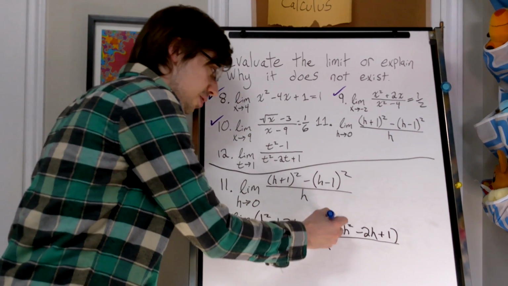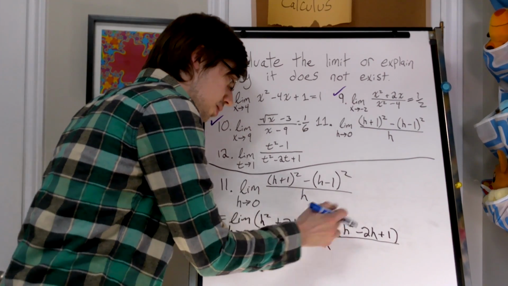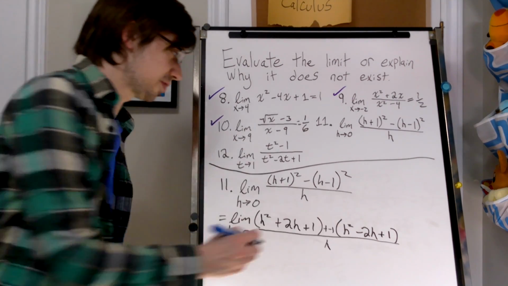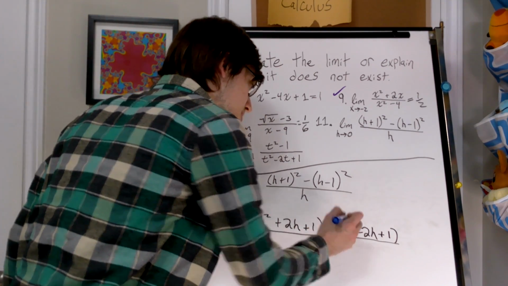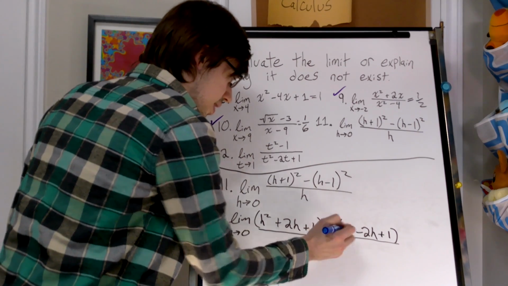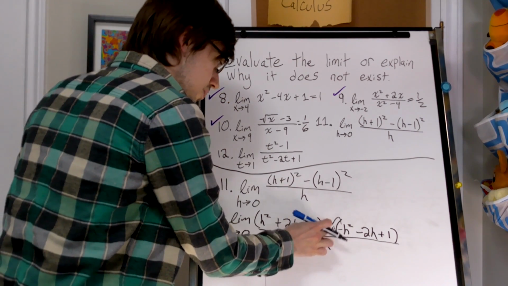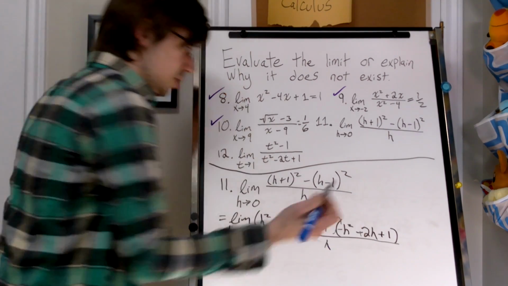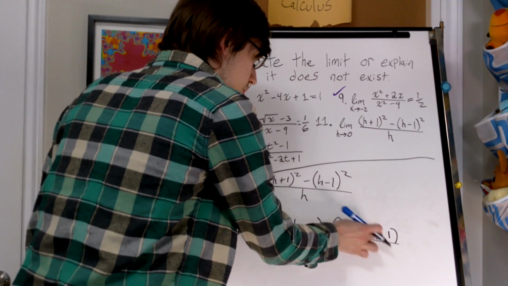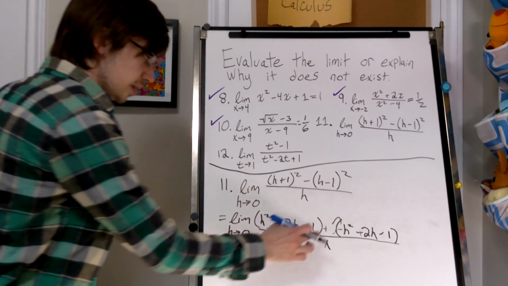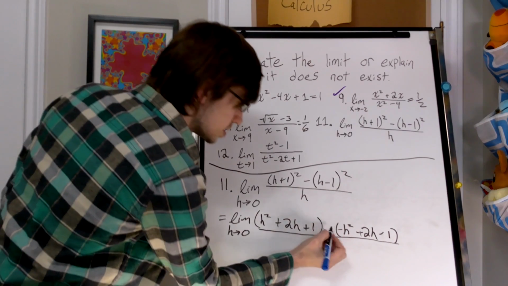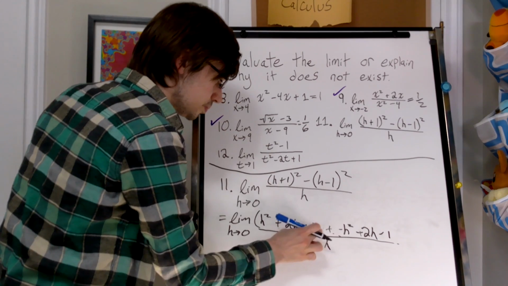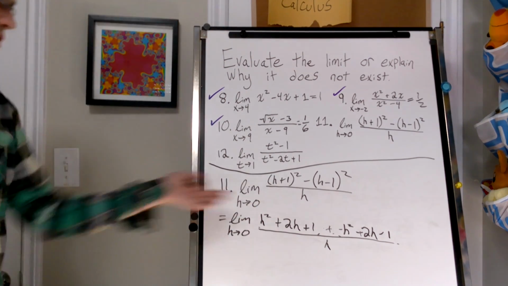This negative is the same as saying plus negative 1 times all of this. So negative 1 times h squared is negative h squared. That negative 2h would get positive, and this 1 would get turned into a negative. There. Now we can remove the brackets, and we can add across.